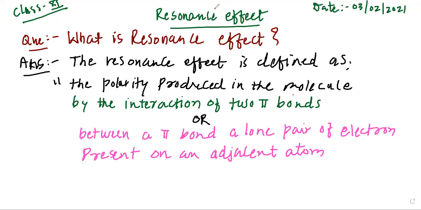Okay, then let me write some of the characteristics of this resonance effect. The first characteristic is that this effect is transmitted through the chain.